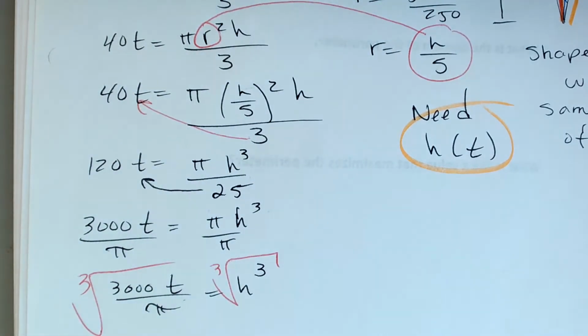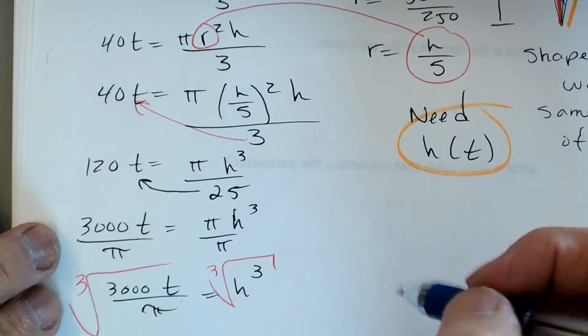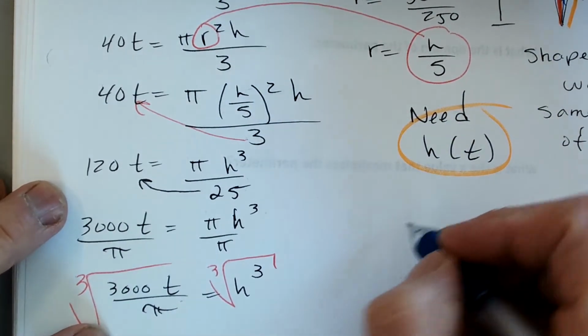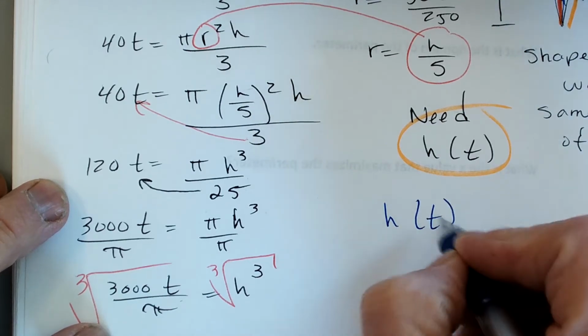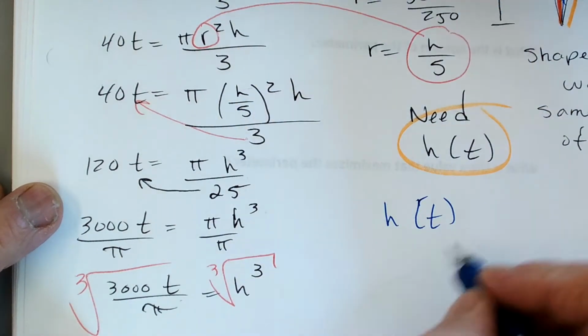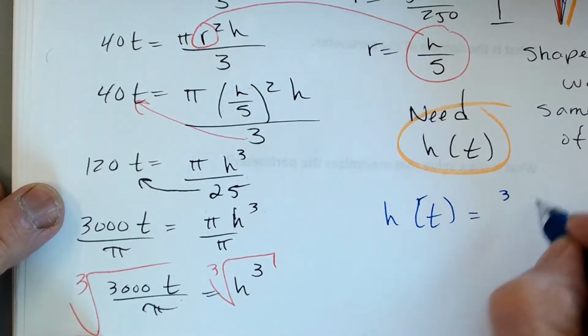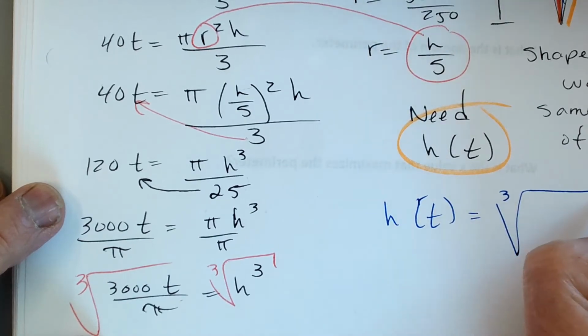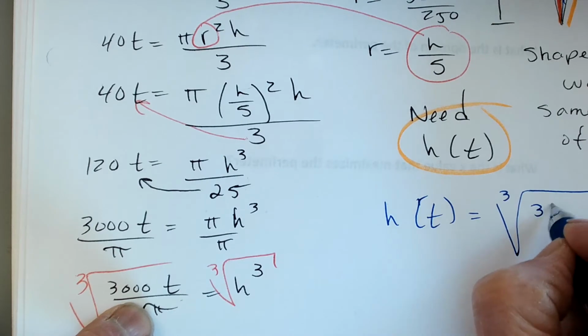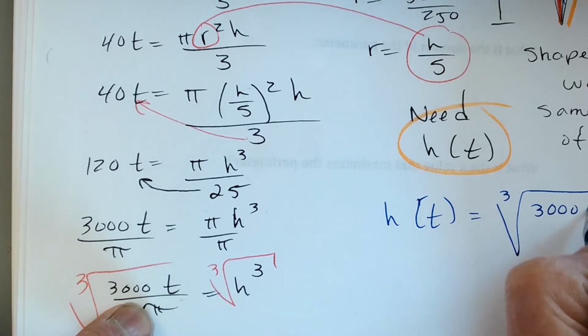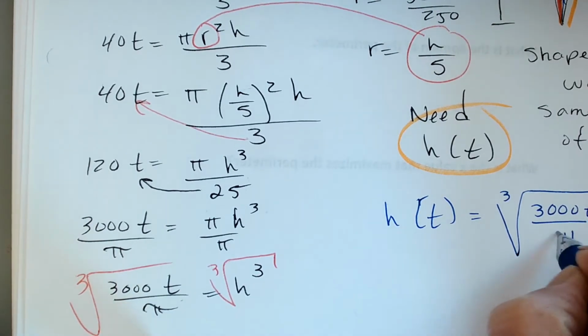So I'm going to have an answer of h of t equals the cube root of 3,000t over pi, okay?